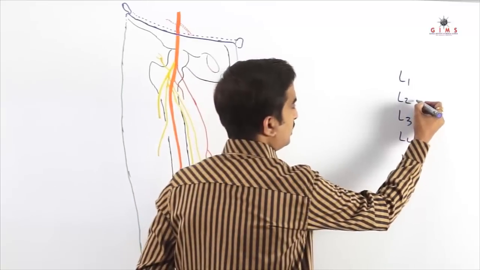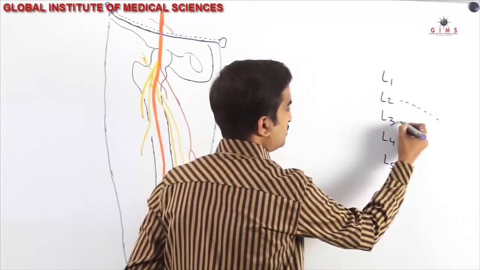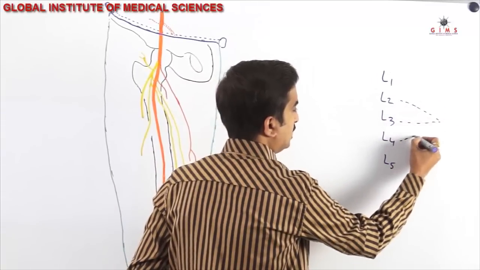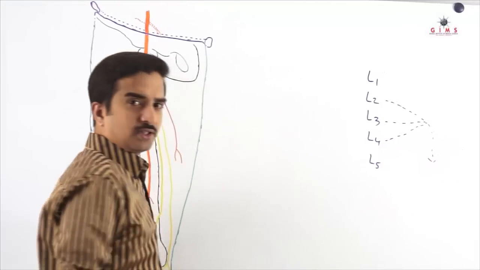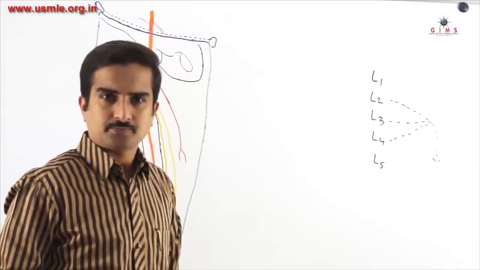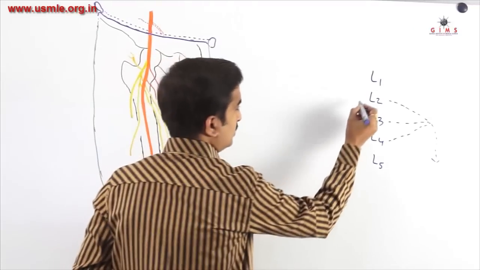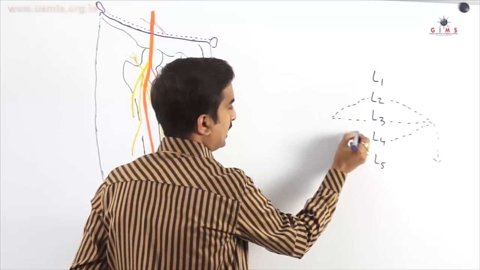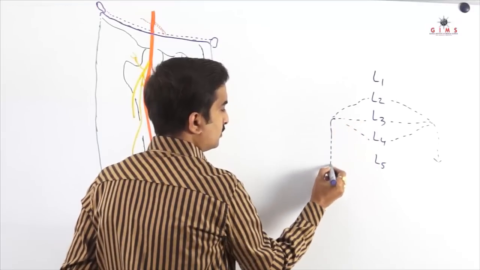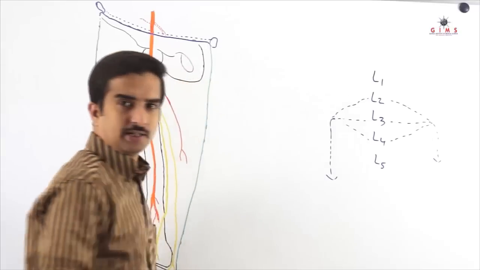The anterior or ventral divisions of L2, L3, L4 form the obturator nerve, and in the same way the dorsal divisions of L2, L3, L4 form the femoral nerve.